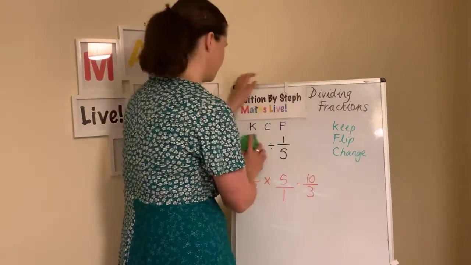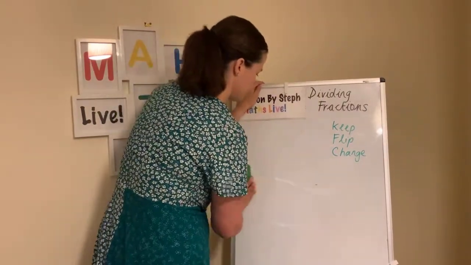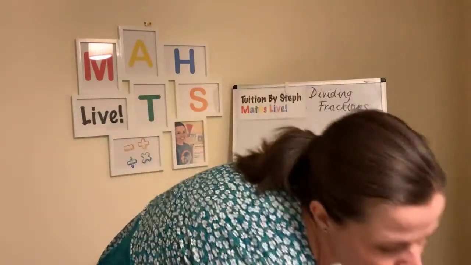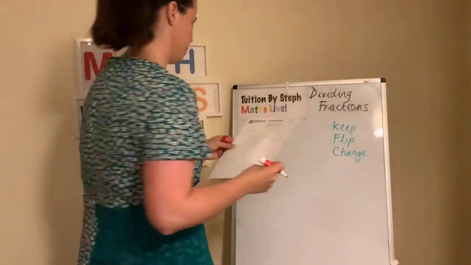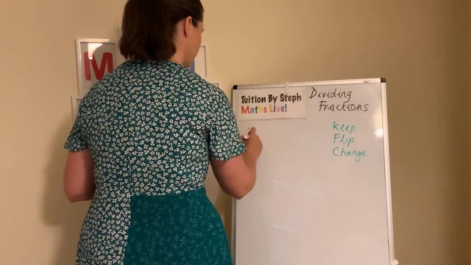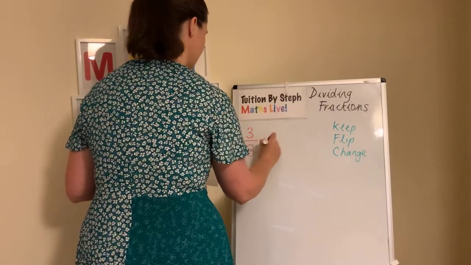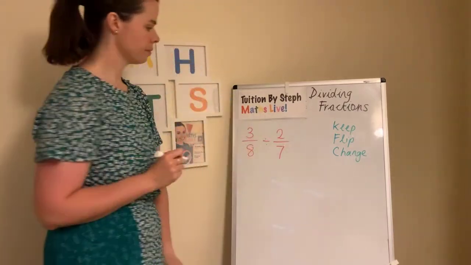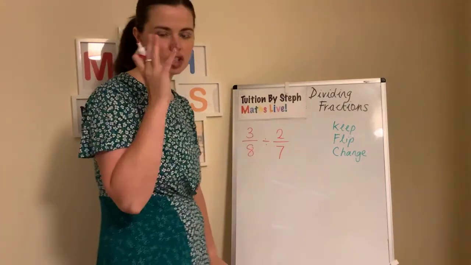So, let's have another go. What's question 2? Let's have a look. So question 2 is 3/8 divided by 2/7. So we use our method just to help us.